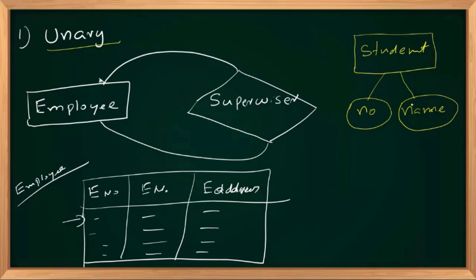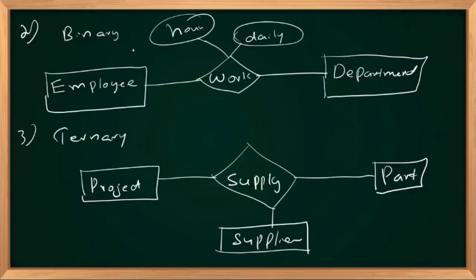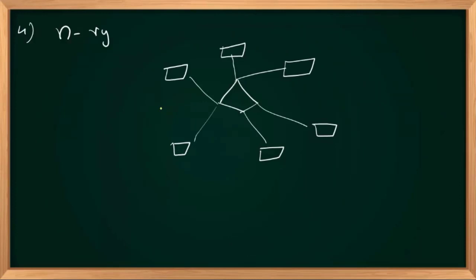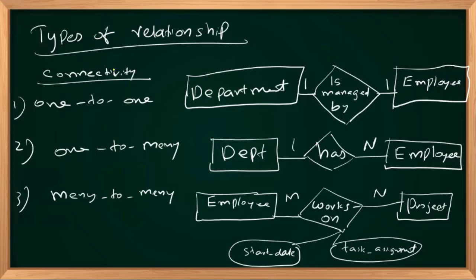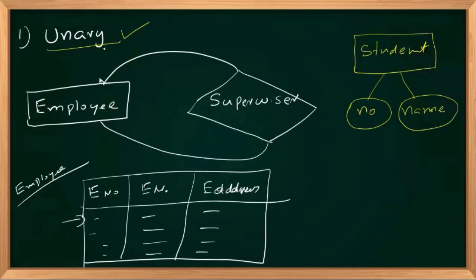So, relationships consist of unary relationship, binary relationship, ternary relationship, and n-ary relationship. A unary relationship consists of only one entity.